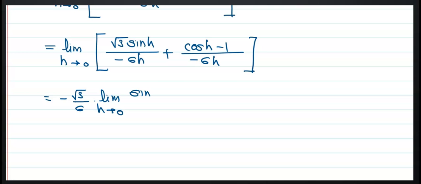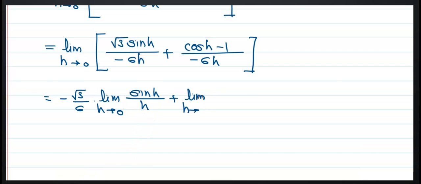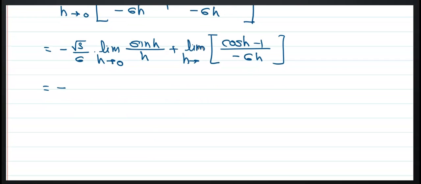Therefore, the first limit is minus root 3 upon 6 into limit h tends to 0 sin of h upon h plus limit h tends to 0. I will take their minus sign as a common.